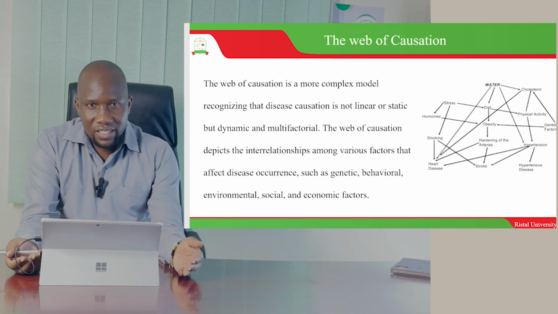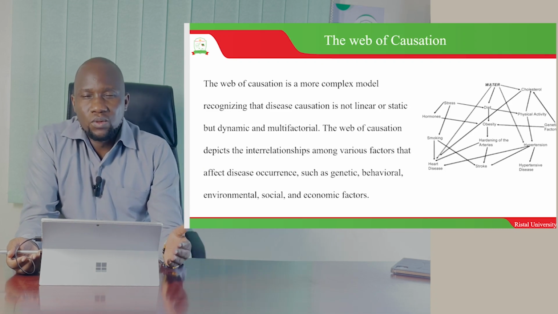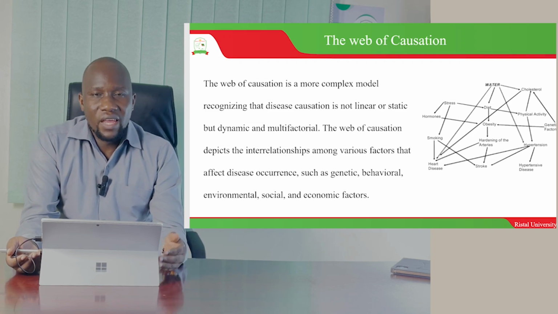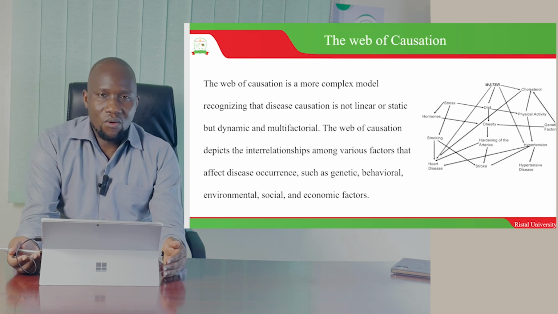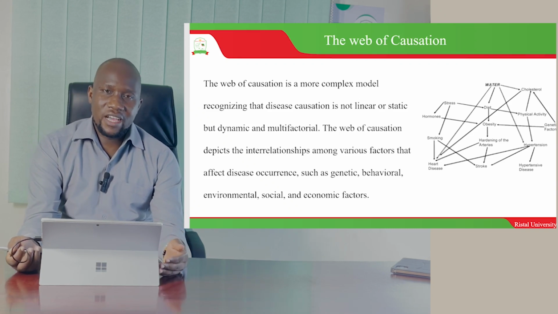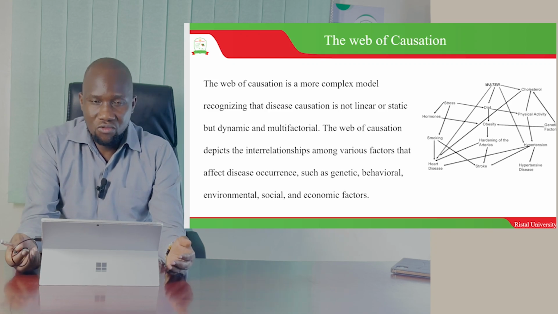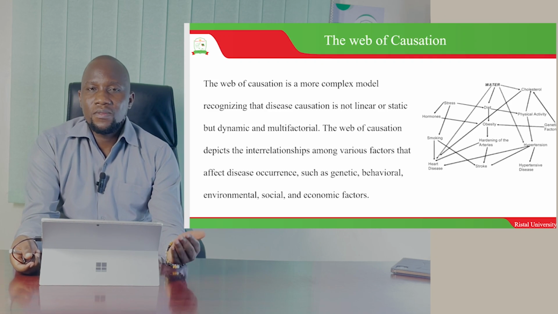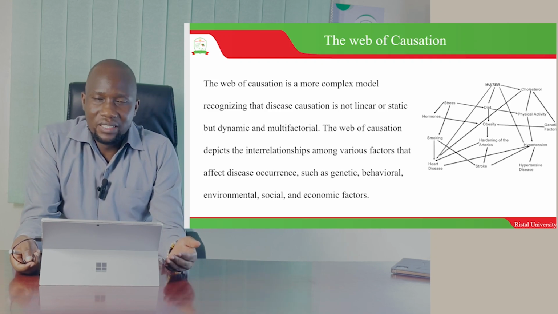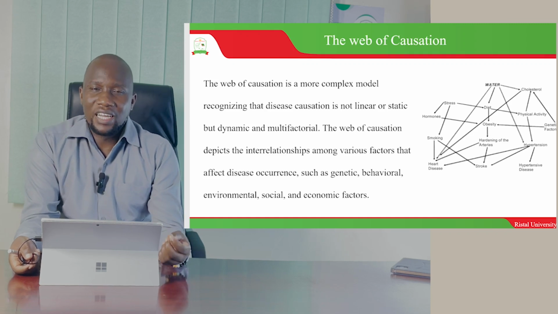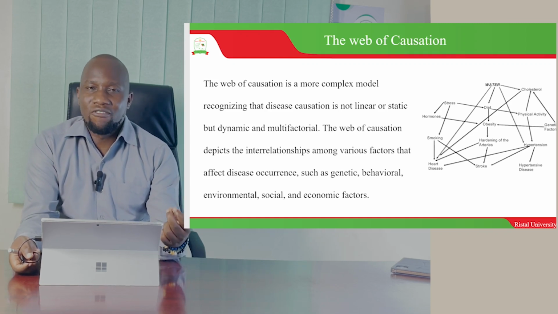I've mentioned genetic predisposition, I've mentioned their lifestyle, I've mentioned the health system, okay, and then many other things. So when you have a patient reporting to you in a clinic with, for example, diabetes, that diabetes may not be looked at as being caused by one factor.